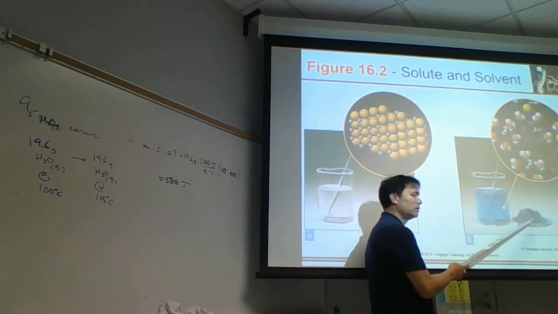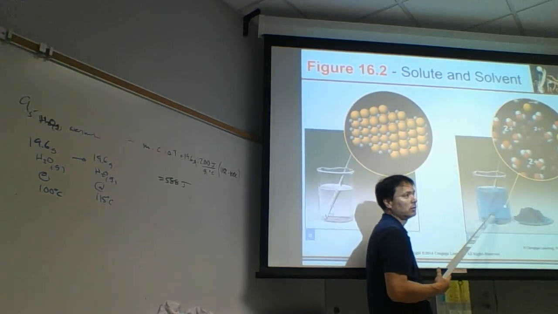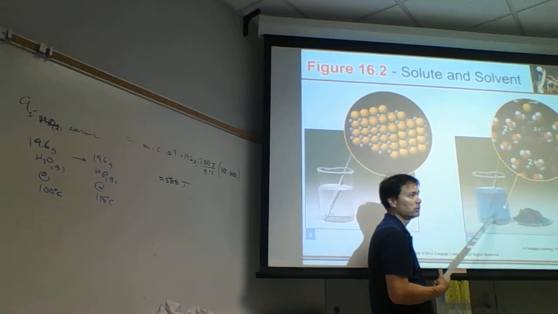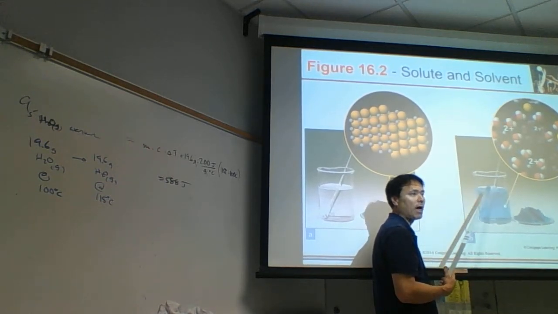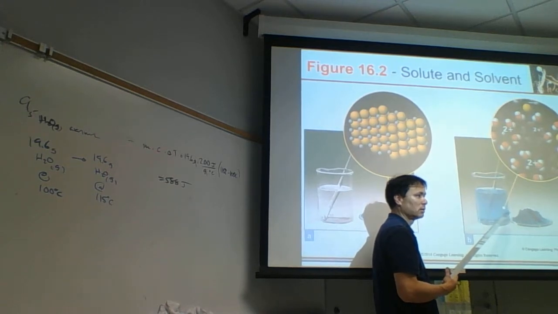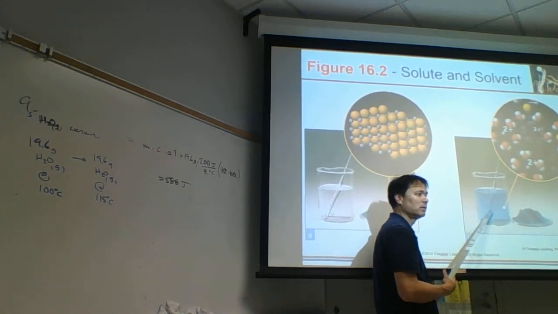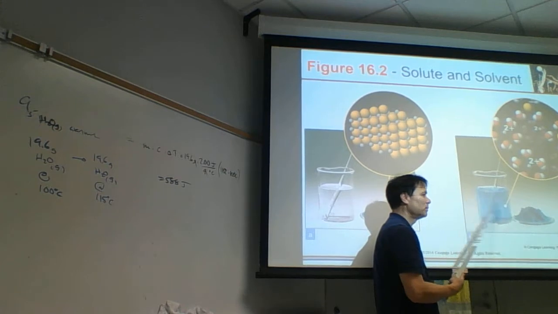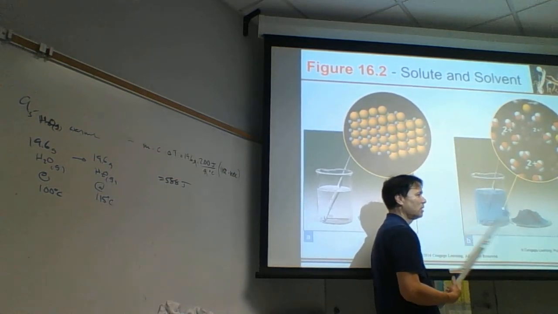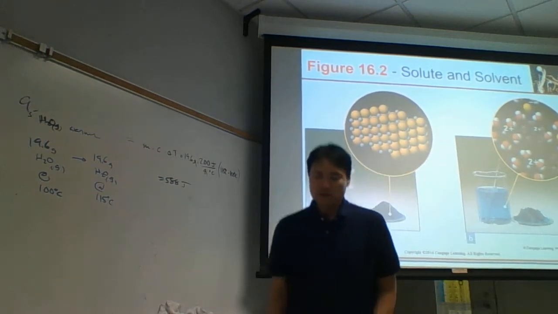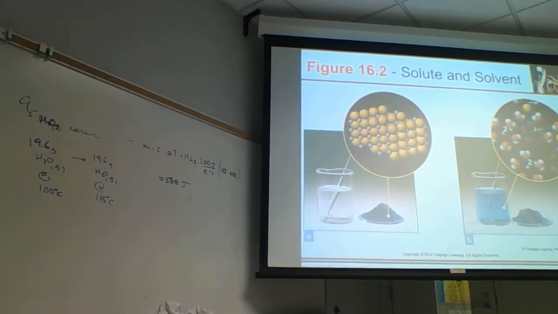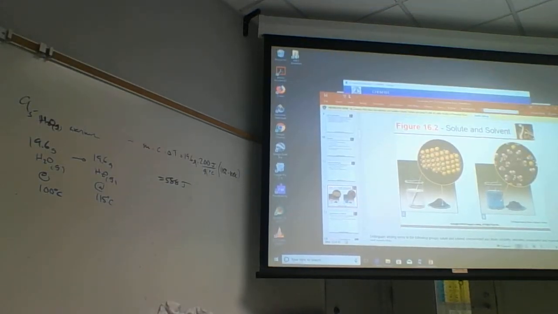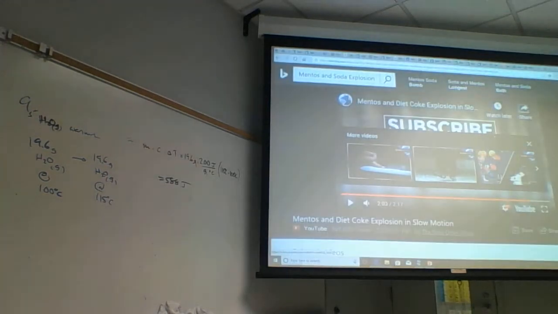But is there a limit to how much will dissolve? Now, chlorides are all soluble except for silver, lead, and mercury, so this is soluble. But how soluble is it? Is it infinitely soluble? So I could just keep scooping it in there. No. There's going to be a limit to how much of that we can dissolve.